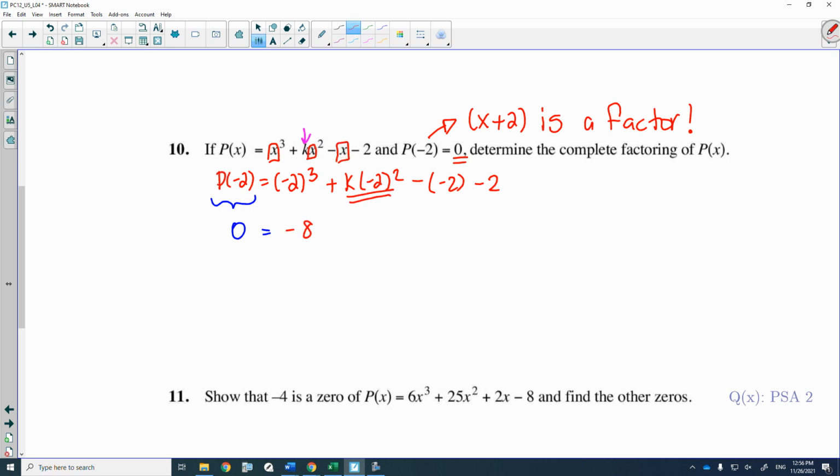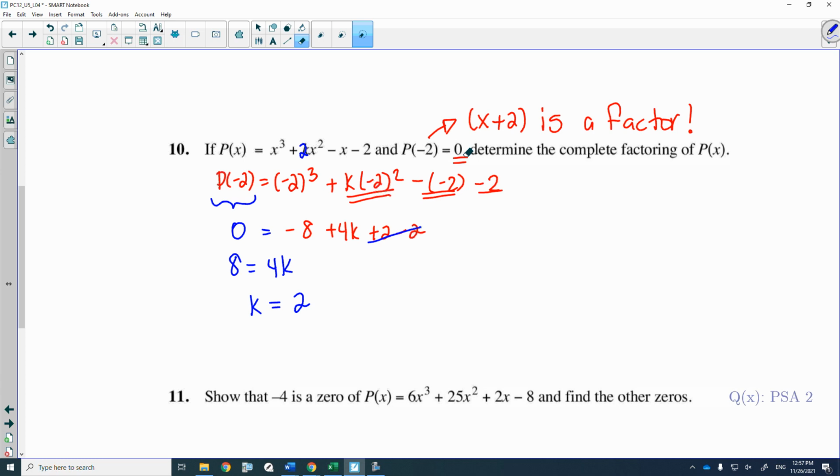I'm going to rewrite this as 4k. This becomes +2 and then -2. That will cancel. I'm going to bring the 8 to the left-hand side and dividing by 4, I know that k is equal to 2. So going back here, I know that this missing k value is 2. Again, to double check this, if you now input -2 into this polynomial function and hit enter, your remainder will be 0.